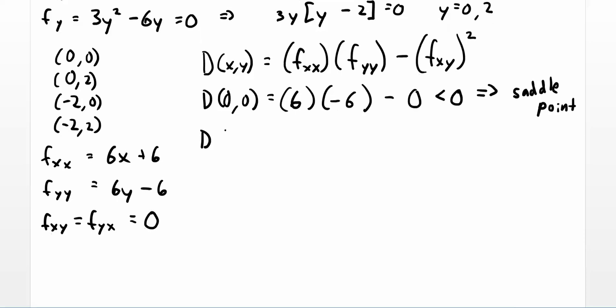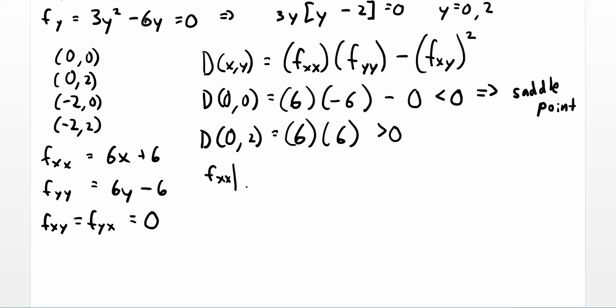Now, discriminant at the next value, 0, 2. So you plug 0 in for fxx, and you'll get 6. You plug 2 in for fyy, and you'll get 12 minus 6 is positive 6, which is a positive number. When you have a positive number, you have to do a bit more work. You have to evaluate the second derivative at that critical point.